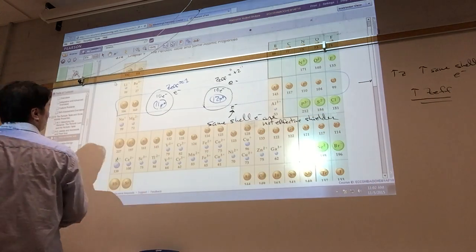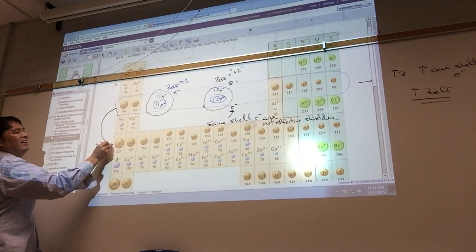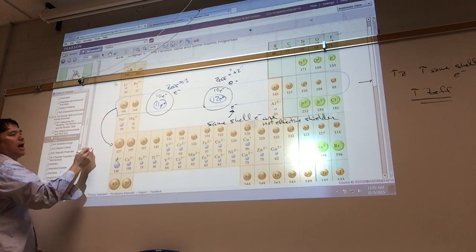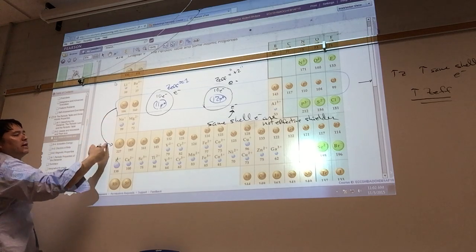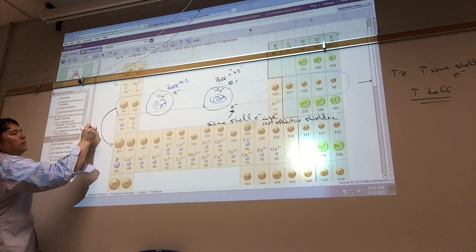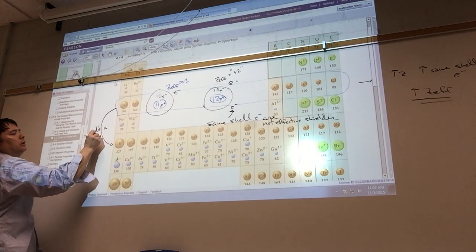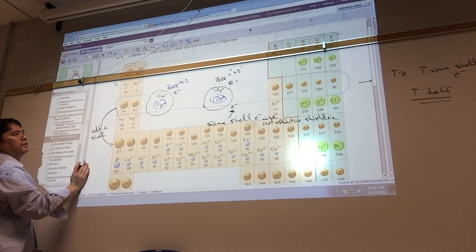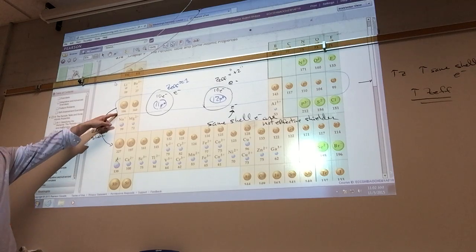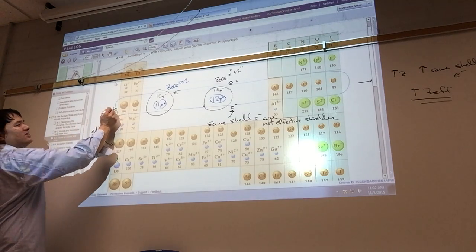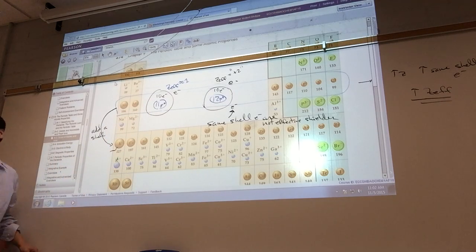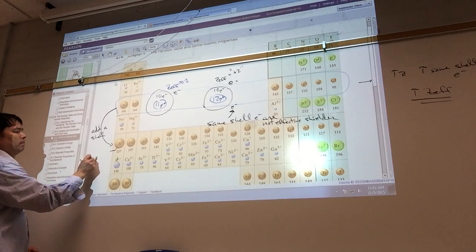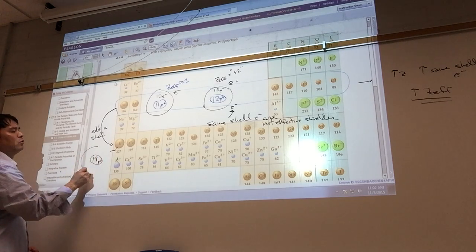When we go from sodium to potassium, we're adding a shell. And so going down, we add a shell. Z effective is pretty much the same here, because sodium has 11 protons and 10 core electrons, and potassium has 19 protons and 18 core electrons.